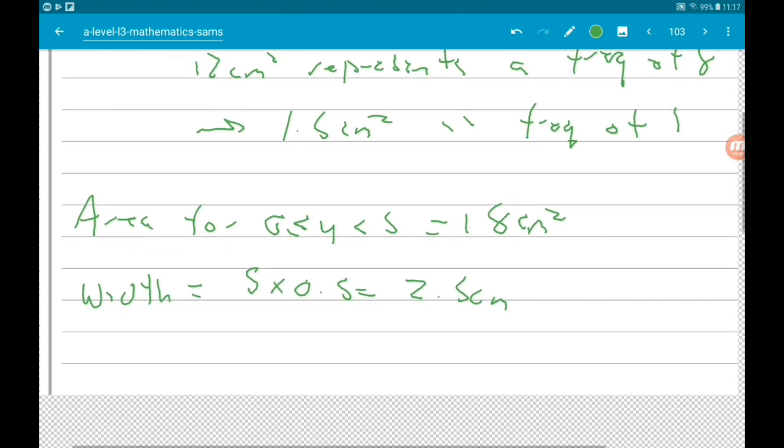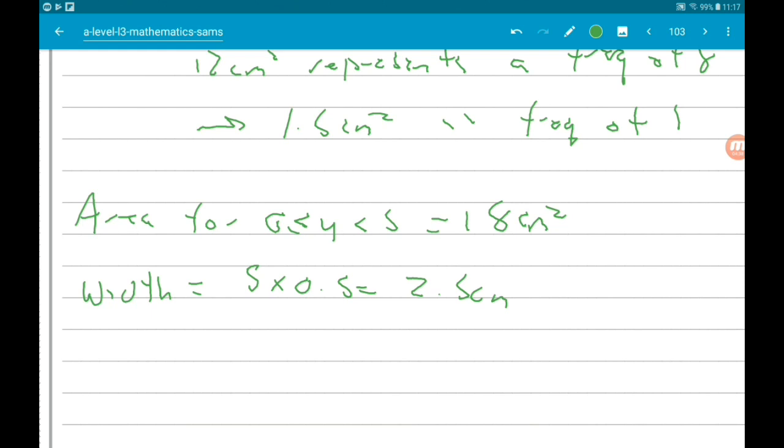And then the height is the area divided by that. So 18 centimeters squared divided by 2.5 centimeters gives us 7.2 centimeters.